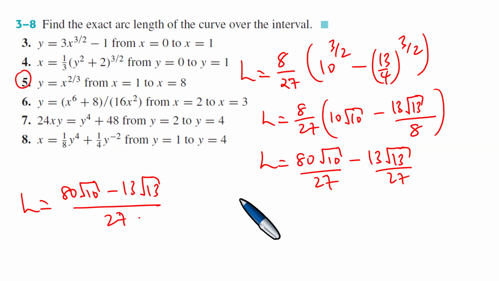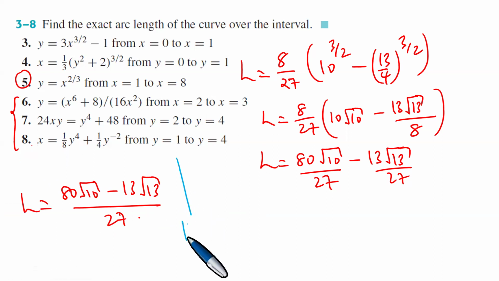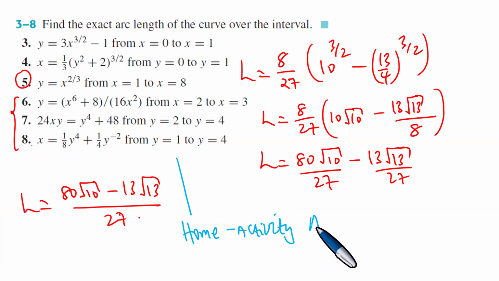But we did the arc length now. So I'm saying 6, 7, 8 are homework. 6, 7, 8 are your home activity on the arc length. So please just do this home activity on the arc length.